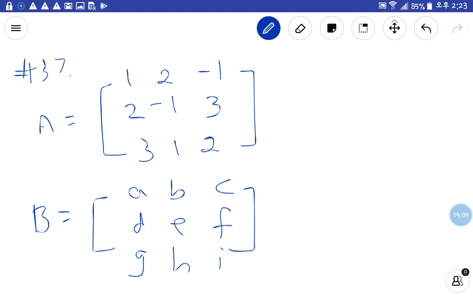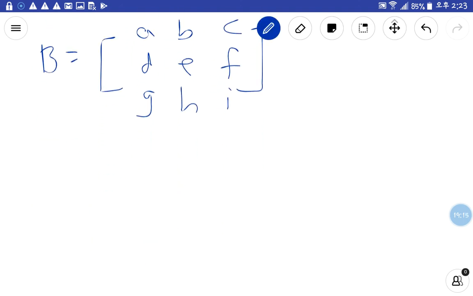I know it's going to be a lot of work, guys. So just be ready for it. Now, I can check my AB. If it gives you I3, then I can say A has an inverse.